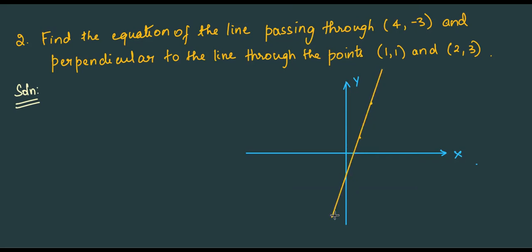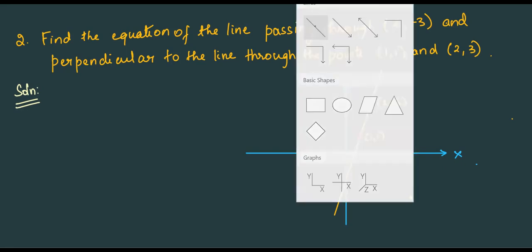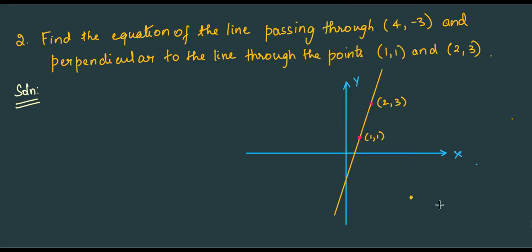We did not do a geometrical figure, and you don't need it for this problem. But I am helping you to give a visual picture. So this is 1 comma 1, and this is 2 comma 3. Now 4 comma minus 3 will be somewhere here. And there is a line which is perpendicular to this line and passing through this point.